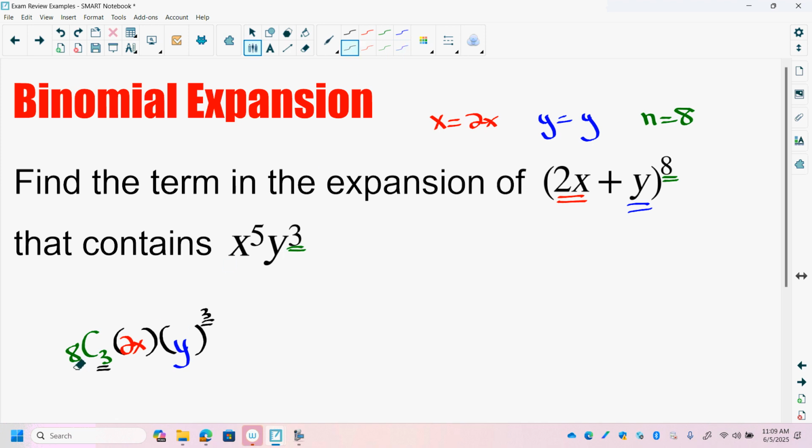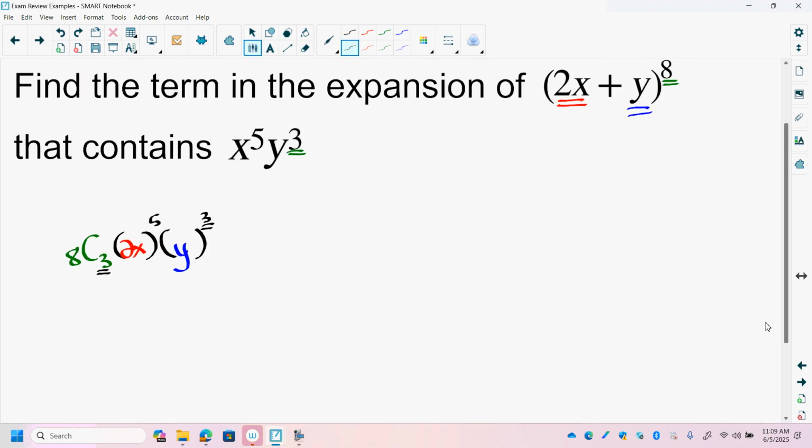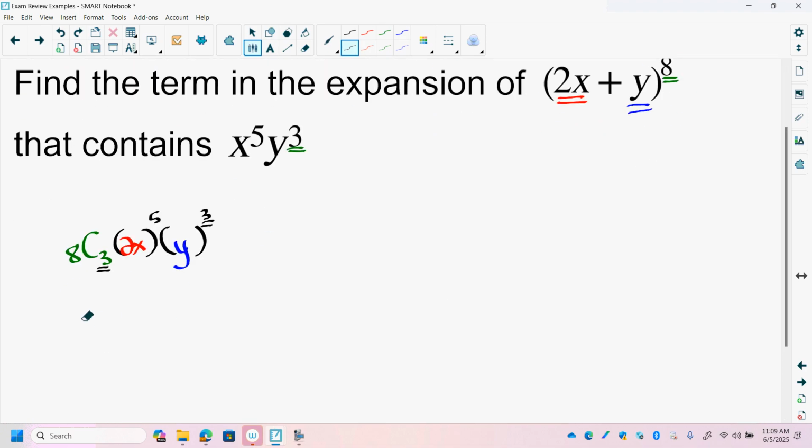Remember, they have to add to n. They have to add to 8. 5. And we figure this out. Anyone know what 8c3 is? Confirm this.